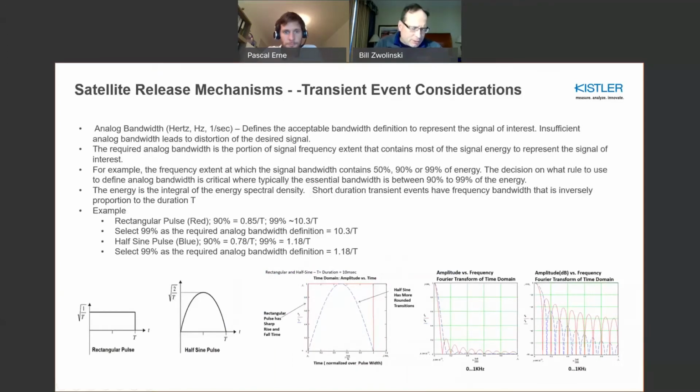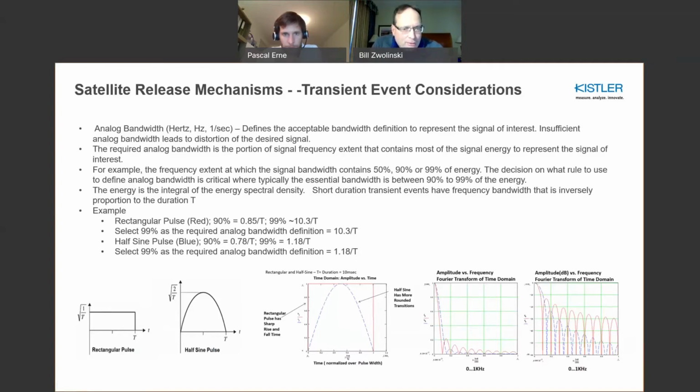What I wanted to do is just spend a few minutes on satellite release mechanisms and just say that the rules sort of change with transient events, largely because with a transient event, the frequency bandwidth is inversely proportional to the event duration. And depending on what type of event you have, if it's, say, a rectangular pulse event or a shaped pulse, a half sine pulse, you might have even higher demands in terms of frequency.